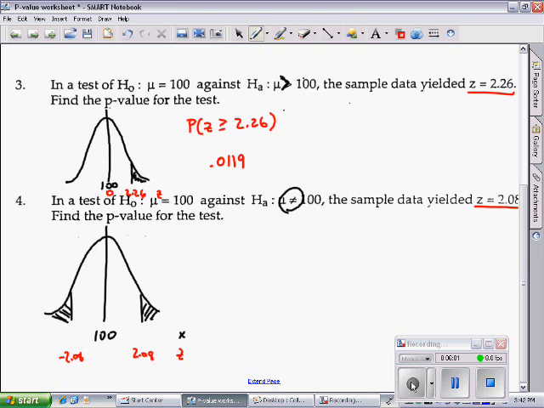Well, this and this are the same area. So if I take 2 times the probability of getting a z greater than 2.08, look it up, do the normal CDF. Don't forget to multiply it by 2. And when I look that up on the pink chart and double it, I get 0.03753.